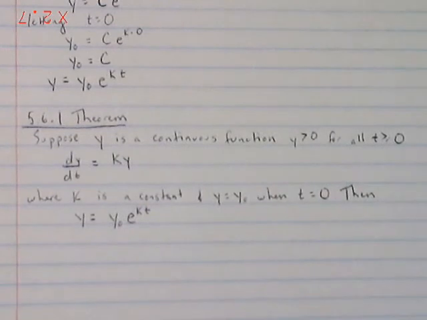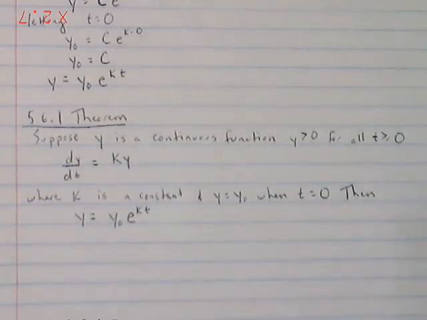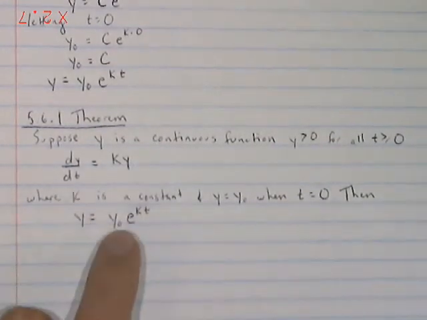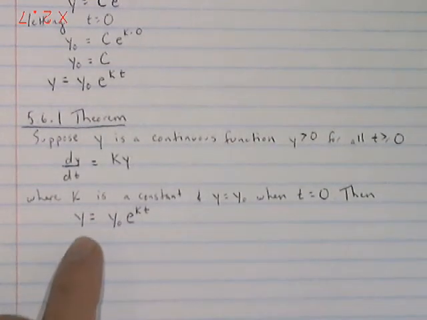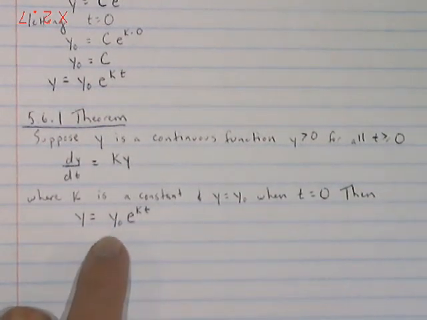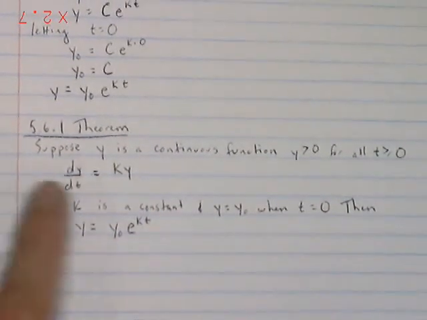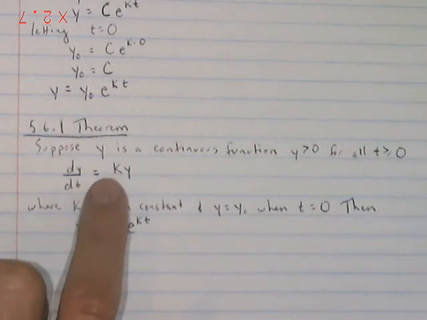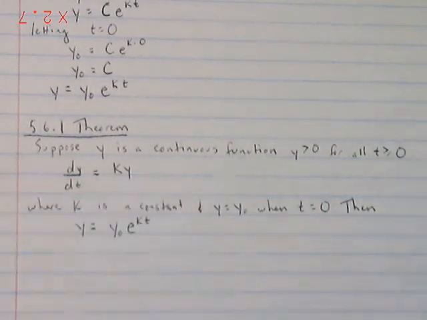Okay. So a little bit of a long-winded introduction, but I think important to see where this relationship comes from and why it does govern so many real-world growth or decay relationships. It's because those relationships, whether growth or decay, have this quality of having a rate of change that is directly proportional to the function itself.